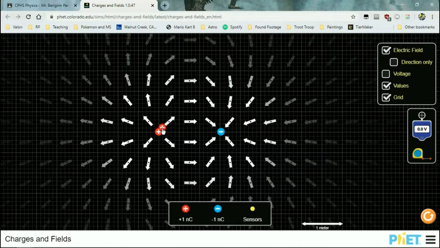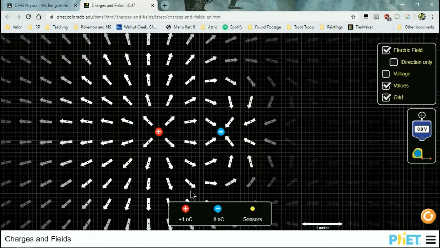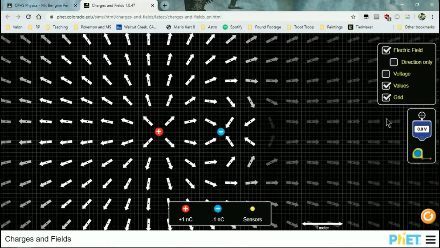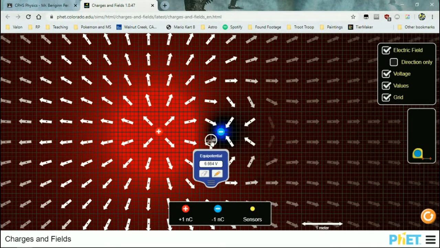It was 10 and then -2, so let me put this as 5 and -1. The proportion's the same. But if I turn on voltage, you'll see there is a region where the voltage is 0.